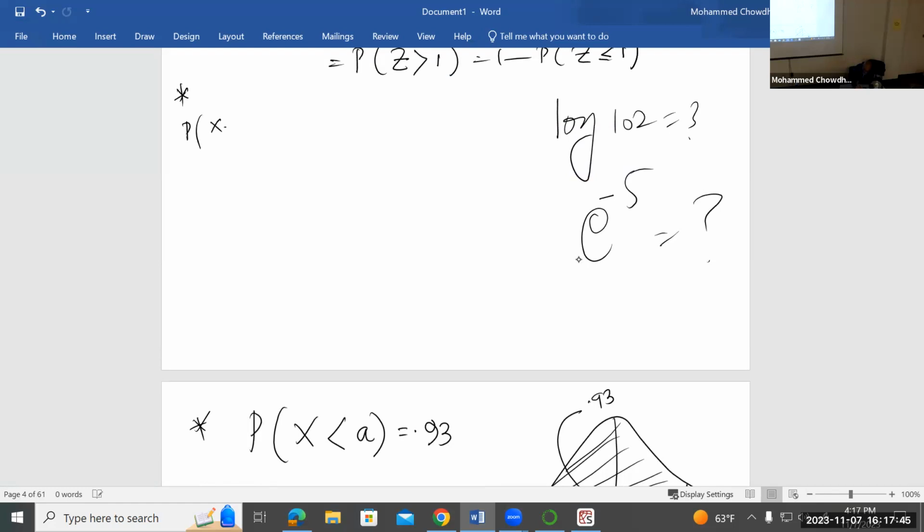The probability of (X minus mu) over sigma less than (A minus mu) over sigma equals 0.93. Paper and pencil approach: the probability of Z less than (A minus 550) over 20 equals 0.93.